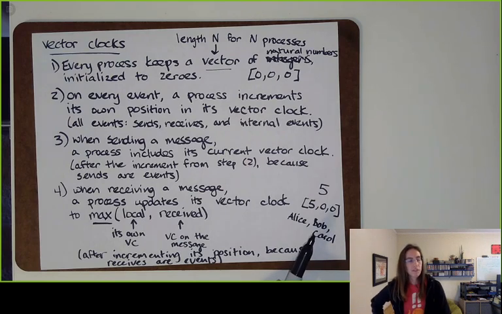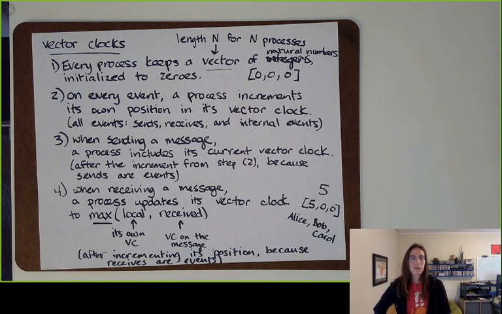Another way to put that is it's a world where we know about 5 events that have happened on Alice and none on Bob and Carol. So this gives us more information than just the plain old number 5. And this additional information is exactly what we need to get that characterization of causality that we wanted out of logical clocks.